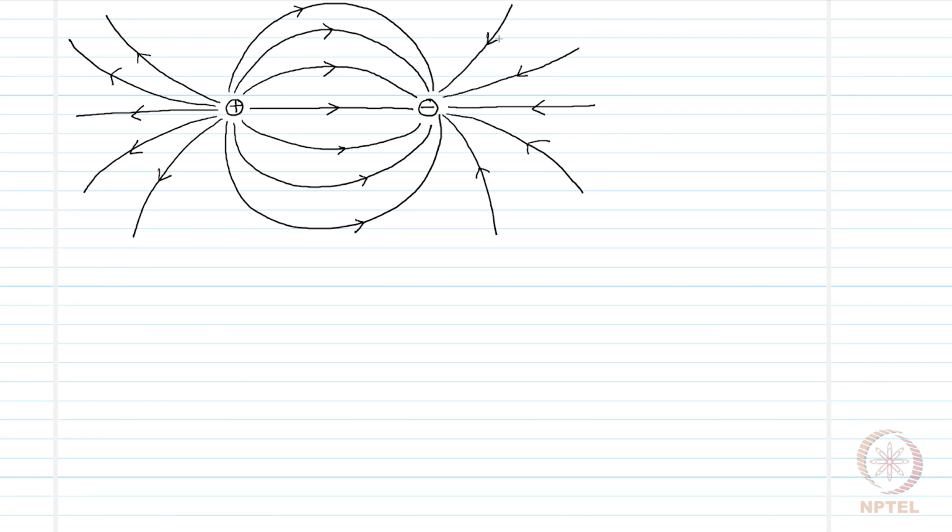This is how the field lines will look if we consider two opposite charges at a distance.